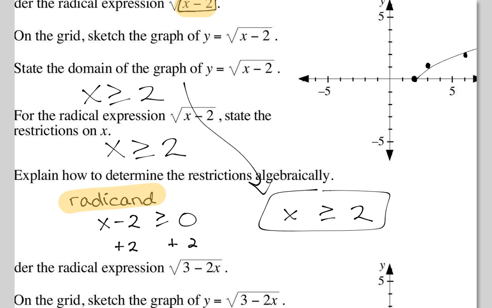And remember, hint, x can be any expression. So you'll see what I mean in this next question.